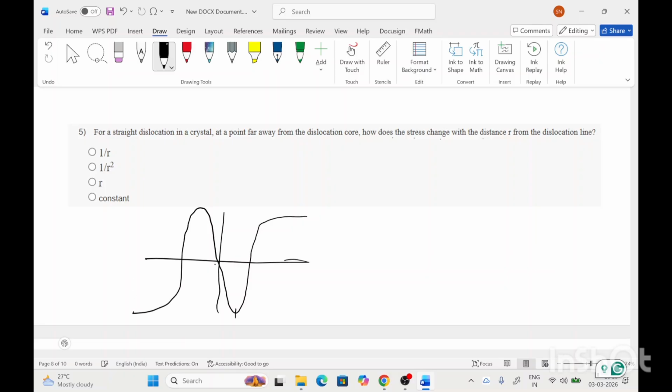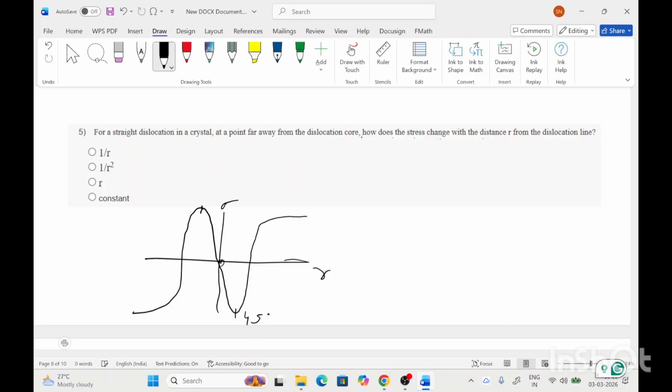This is r, and this is the stress sigma. The stress only changes up to a certain distance from the dislocation core.